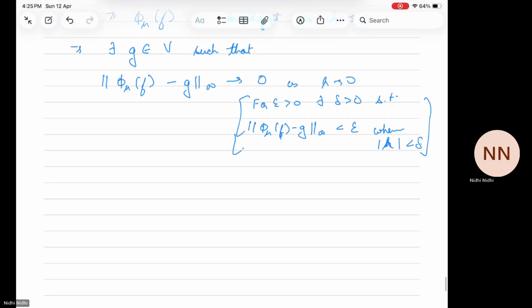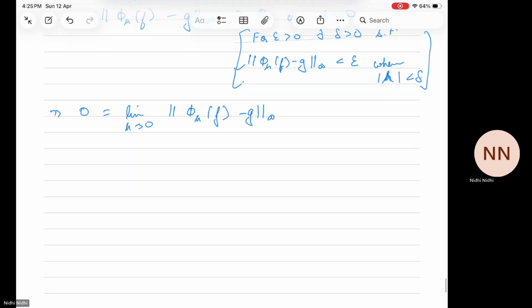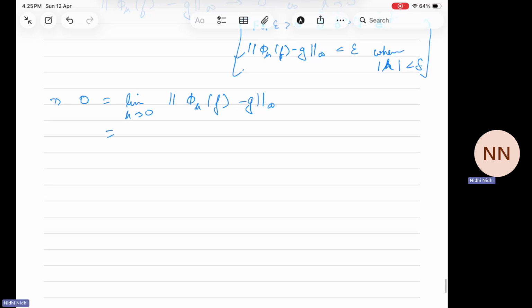That means 0 is equal to the limit as h tending to 0 of the norm of phi h f minus g.